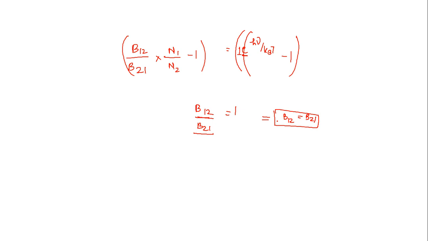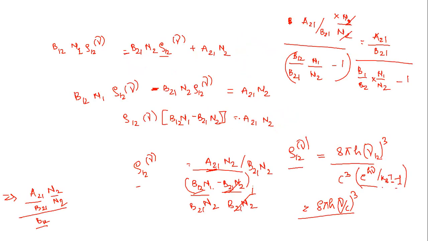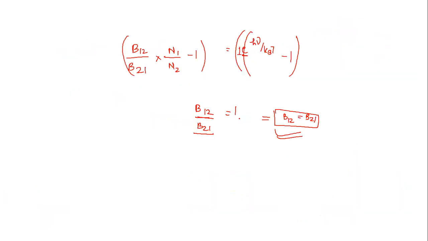And here half of our question is solved. Since we are given different options, the first one, B12 and B21 are equal, this part we have solved. Now we'll come to the numerator portion, A21 upon B21. Now I'll write it simply as A upon B. Got it? So A upon B, and what was the value?